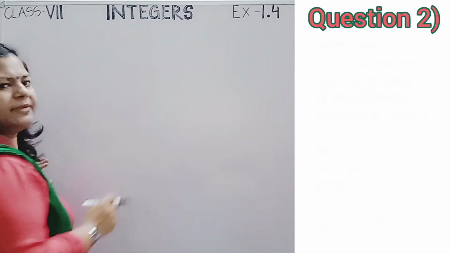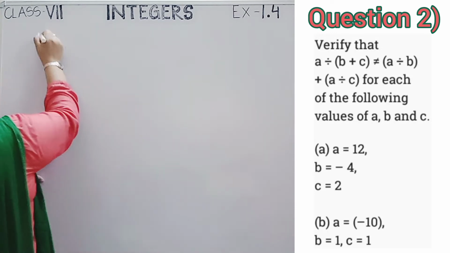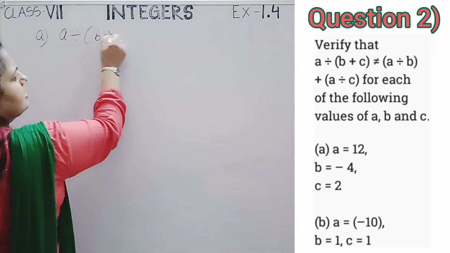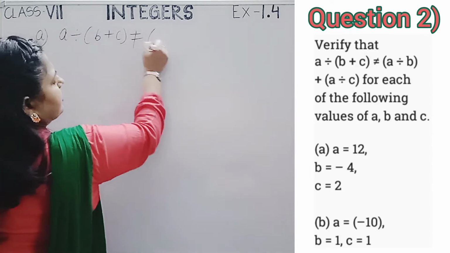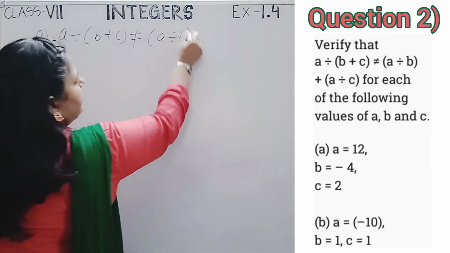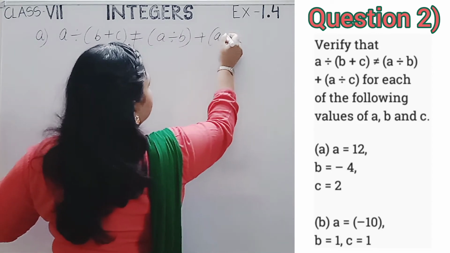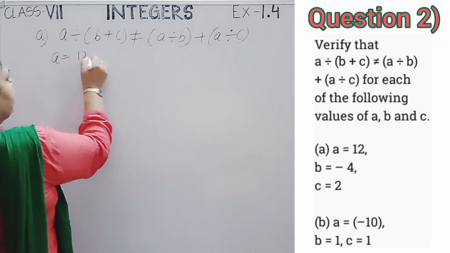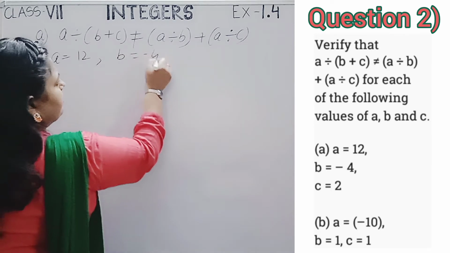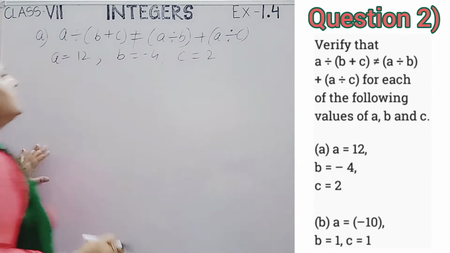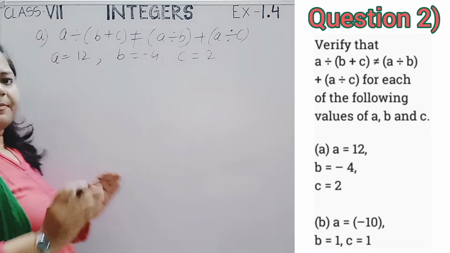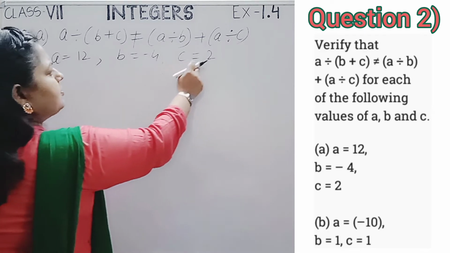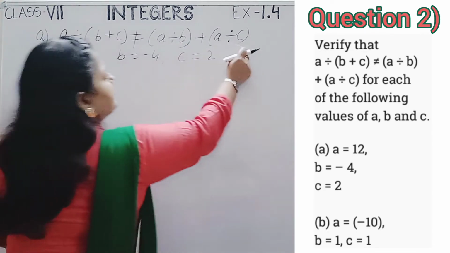Question number 2, verify the given expression. So here A part, A divided by B plus C not equal to A divided by B plus A divided by C, where A is equal to 12, B is equal to minus 4 and C is equal to 2. So first step, we have to substitute the values A equal to 12, B equal to minus 4, C equal to 2 in this given expression.